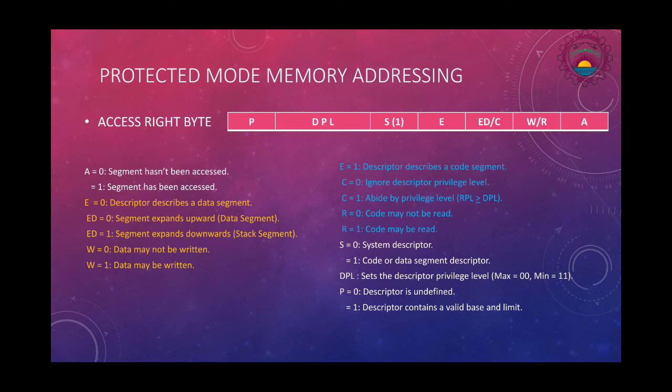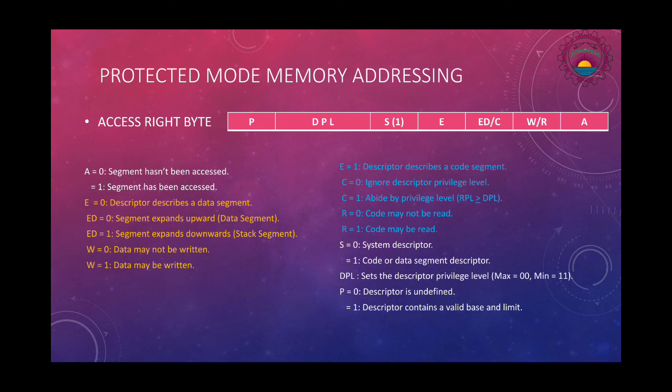Now we are going to discuss the code segment. The E bit will be 1 for a code segment, and the code segment is discussed within this slide using light blue font. The C bit shows whether you want to check the condition RPL greater than or equal to DPL or not.